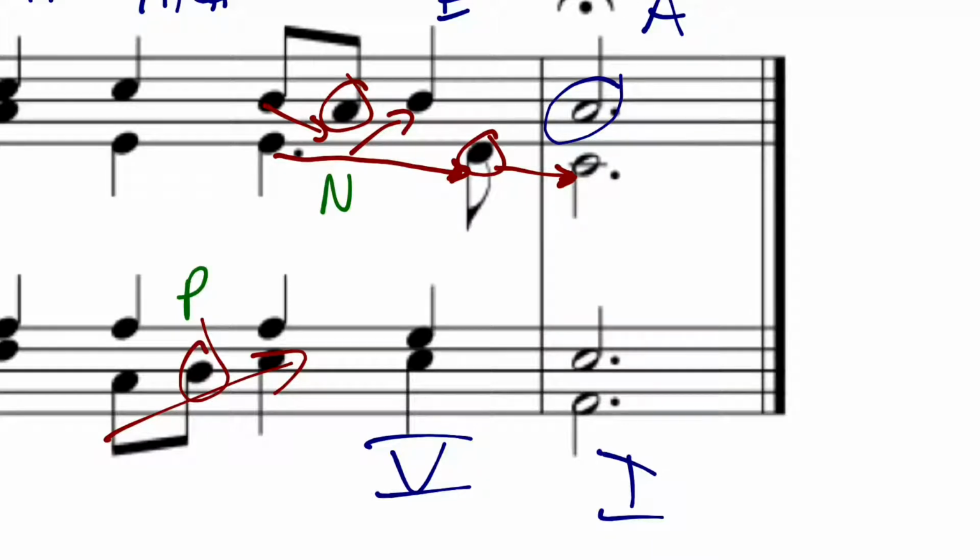Be careful though, because it's all in this alto voice, right? See this part of the stem here, stems are down, stems are down, stems are down. So this is not going, for instance, back up this direction. So this one would have to be a passing tone.